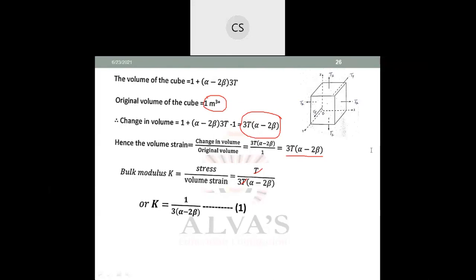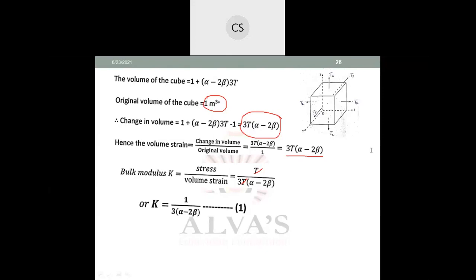I am electronics and communication, why do I have to worry? I am from AIML, why do I have to worry? People from ISE may be thinking mine is computer science, why worry? Only people from mechanical and civil engineering have to worry about elasticity? No, no. This is a very significant topic.